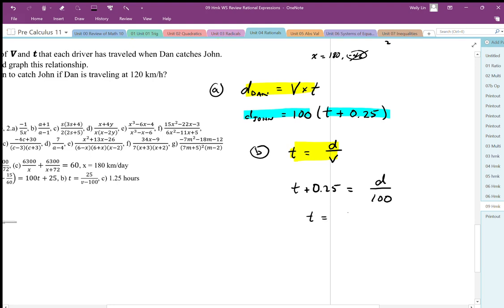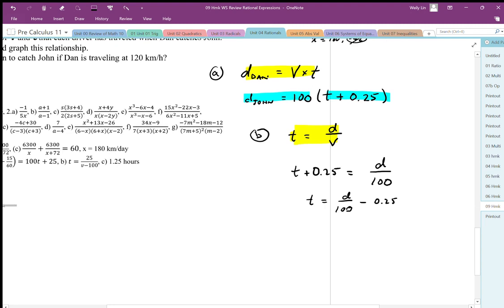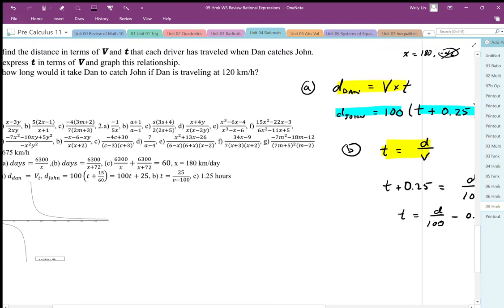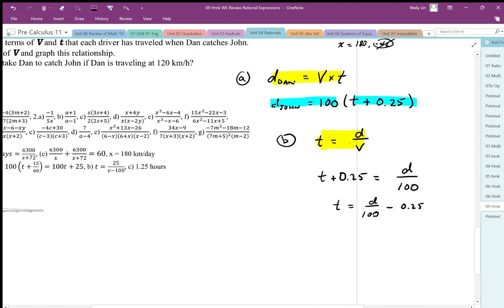It's going to be distance over 100 minus 0.25. So there's the expression for time as a function of the distance in this case. Express t in terms of v, so that's the one we're looking for here.